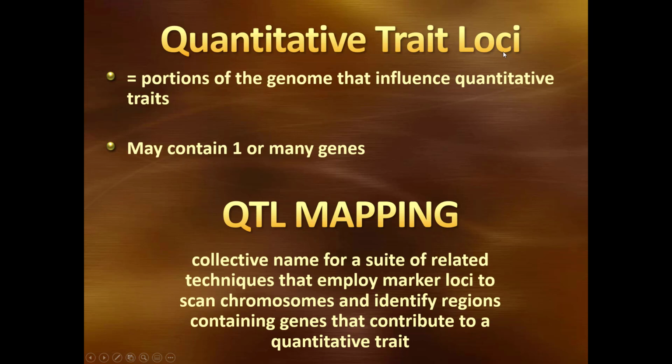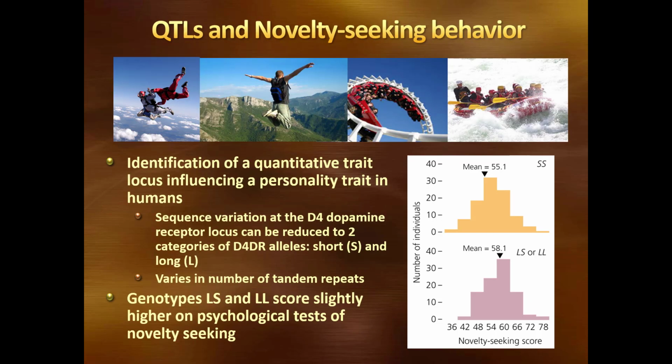So if you could identify all these different genes on all these different chromosomes and group them together and say these all go into making up, let's say, IQ, then we would say that those are the quantitative trait loci for IQ. So we do know that there are some of these widely spread traits that have a lot of different genes that contribute to them. When we try to map those, we refer to this as QTL mapping, where we try to actually look for some of these different loci that contribute to some of these quantitative traits. And this is just an example.